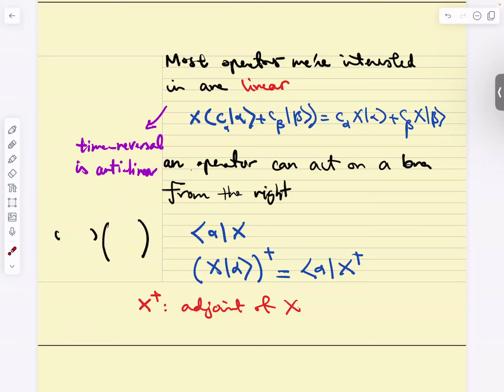And an interesting consistency check is that the action of X on a ket, when you take the dagger of it, is like the action of X dagger from the right on the corresponding bra. You could convince yourself this holds. This is a consistency condition. So I can act on the kets and take the dagger, or that's equivalent to just acting from the right on the bra. Good?